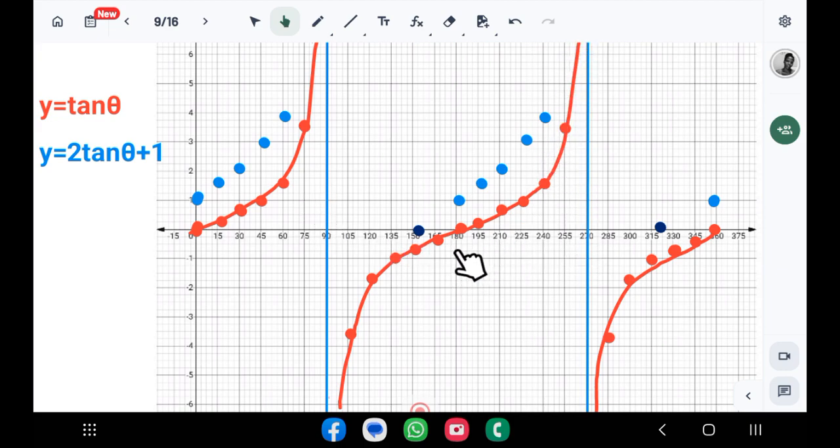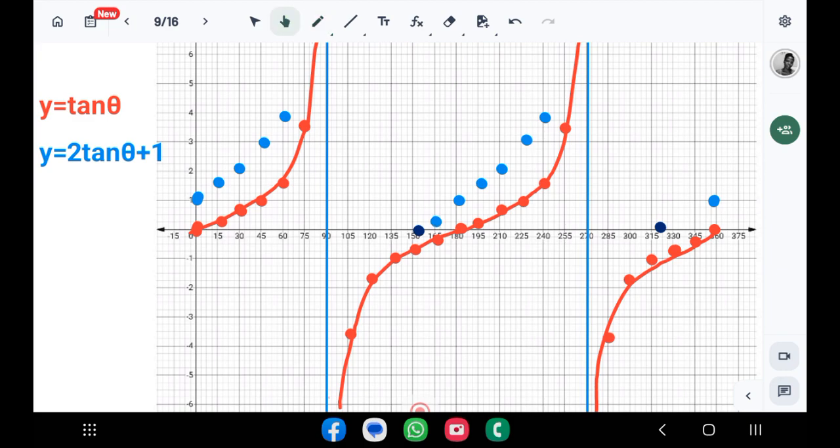Now to the left, at 165. At 165, okay, we go 2 tan 165 plus 1. So that is equal to 0,46. It's almost 0,5. They're just below half. All right, just below half. There we go.